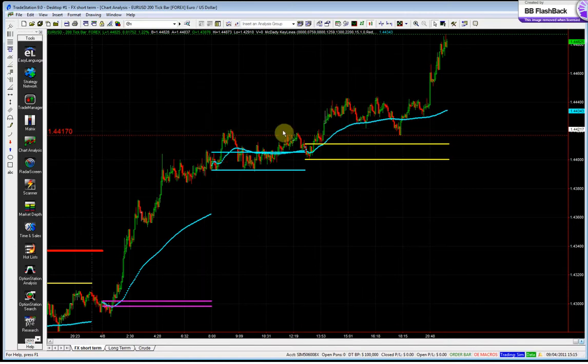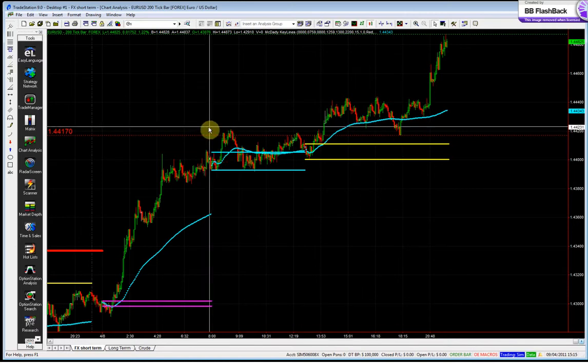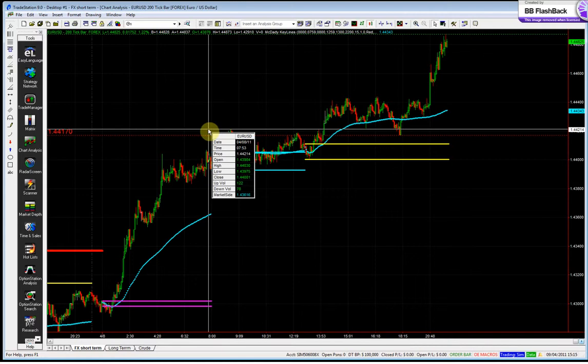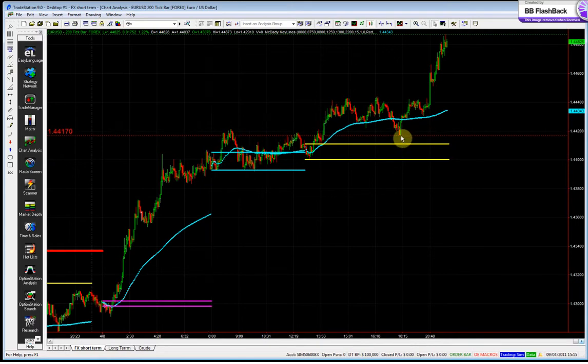So the low made below this little bit of price action takes that into account. So that's the very earliest point.